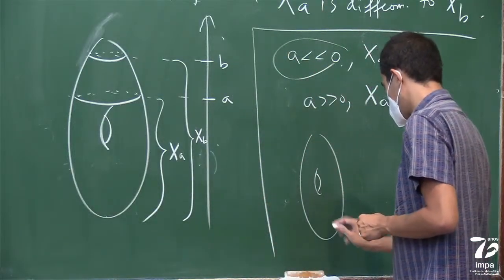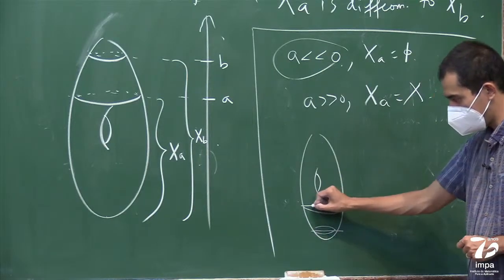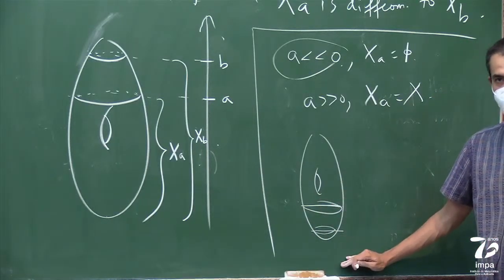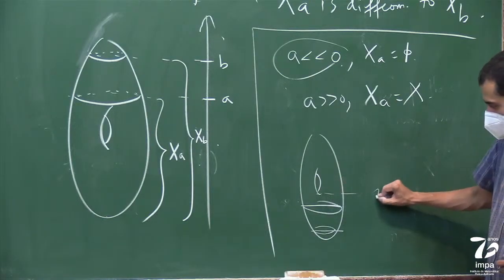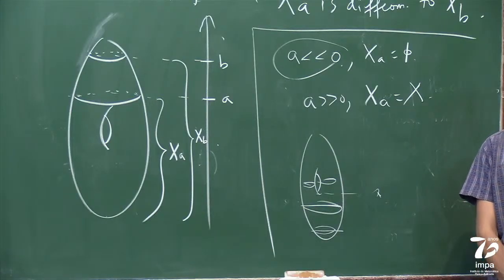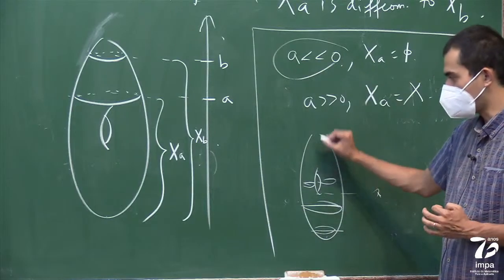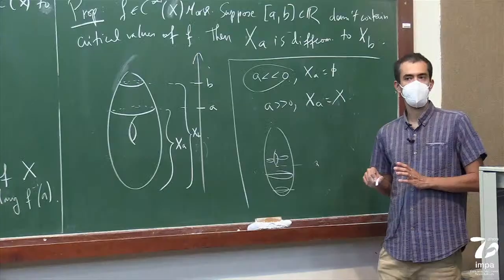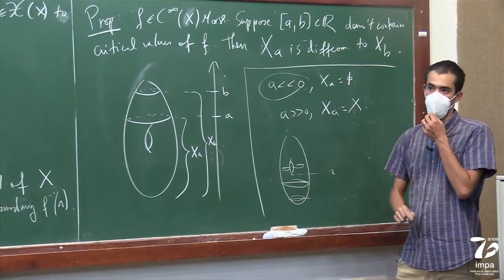If you take an A between here and here, you have the same topology. Everything that's below A is going to be diffeomorphic. And then when you cross the critical value, you change the topology. So you see that the topology is really only changed at 4 points. And most of the time, this proposition is telling you the topology is not changing.